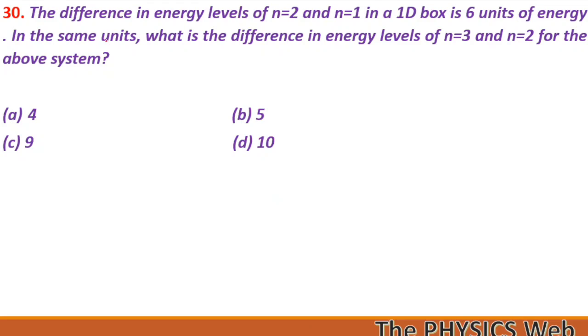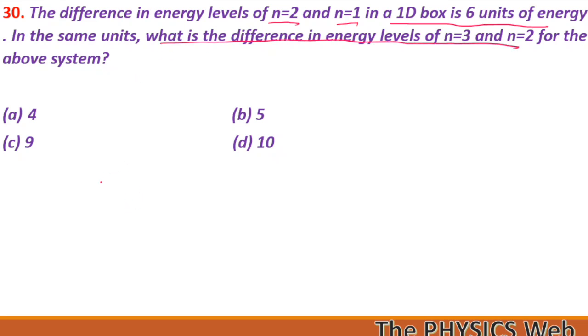Next, question number 30. The difference in energy levels of n equals 2 and n equals 1 in a 1D box is 6 units of energy. In the same units, what is the difference in energy levels of n equals 3 and n equals 2 for the above system?